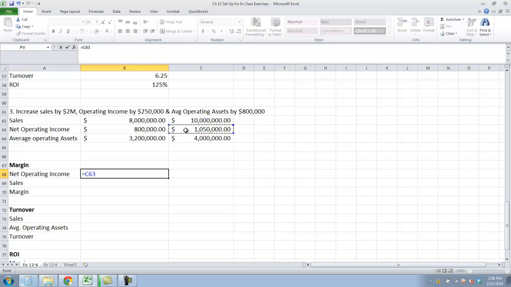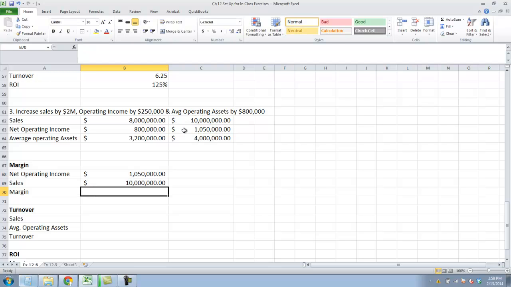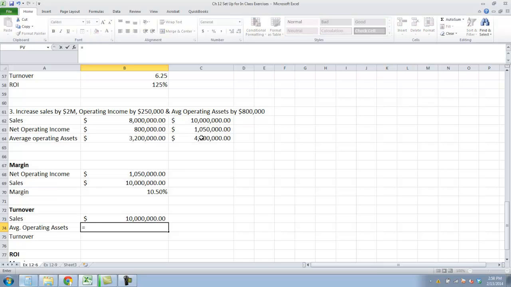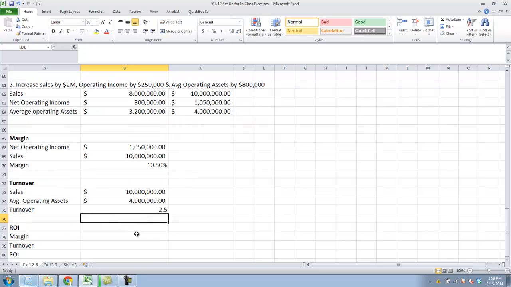Net operating income, sales, margin is, alright, sales, average operating assets, turnover is 2.5.